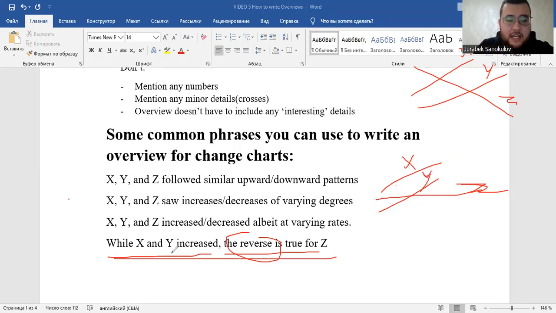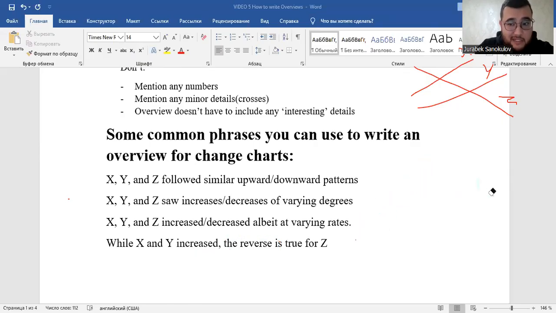You cannot say while X and Y increased, which is true, the reverse is true for Z. This part would be incorrect if you describe this using this sentence structure, because the reverse means, I repeat, the opposite of something. And the opposite of increase is to decrease, but here it just remained the same. So be careful describing the overview using this sentence structure because everything must make sense.